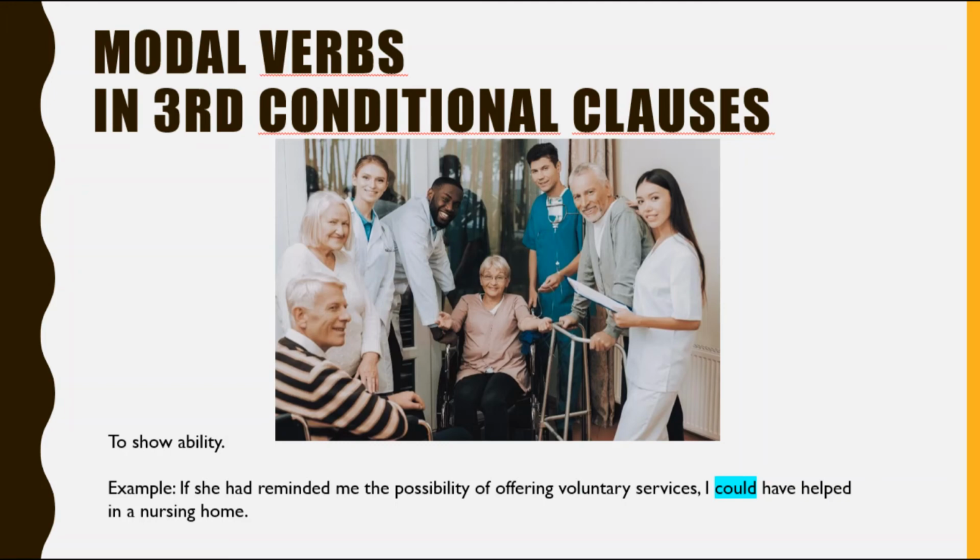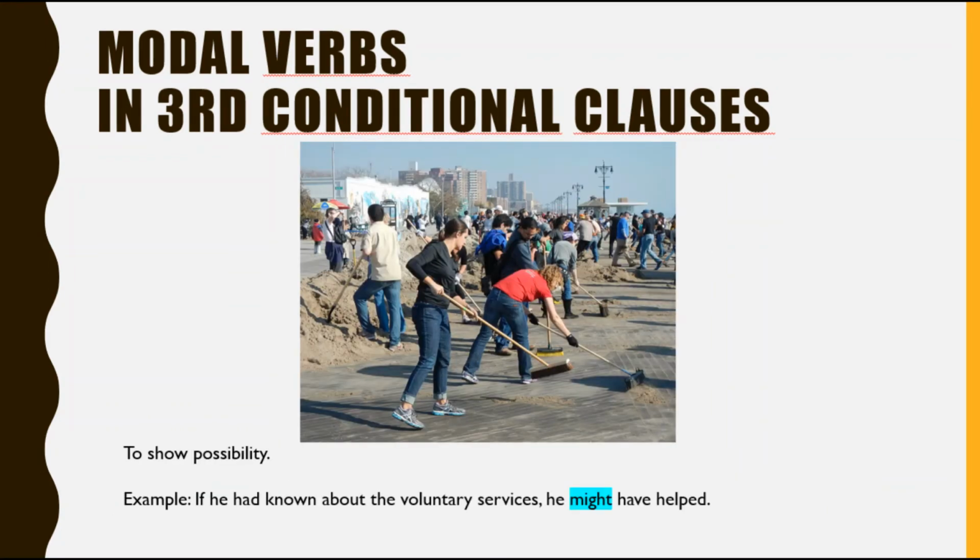Here, the person speaking, I, has the possibility to help in nursing homes, but he or she didn't do it because she or he didn't tell him about it. Oh, sorry, that she didn't tell him about it.